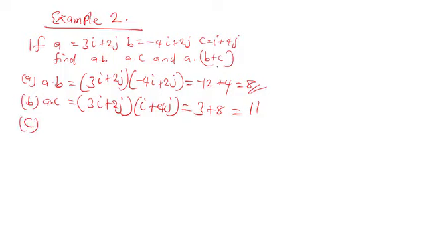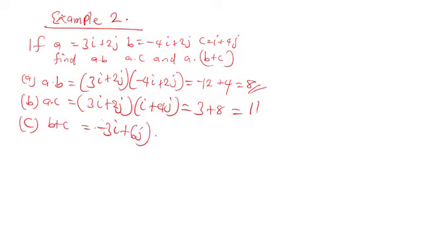Now we go to the last part, but before that, let's find the value of B plus C. You are adding the two: minus 4 plus 1 is minus 3I, then 2 plus 4 is 6j.